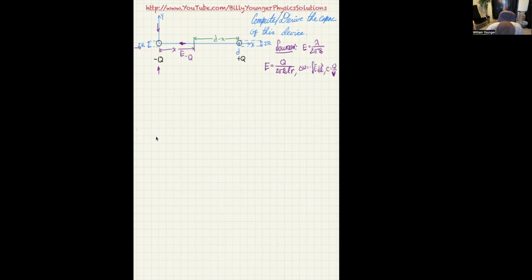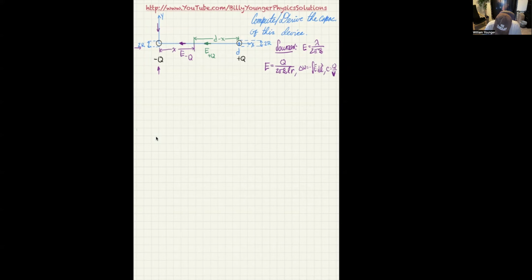Okay, but what we notice here is the positive charge is creating an electric field that points this way, and that's E due to the positive Q. The main thing being that between these two charged wires, the electric fields point exactly the same way. So they just add. You don't have to have one negative and one positive. And in fact, they're going to point in the negative i hat direction.